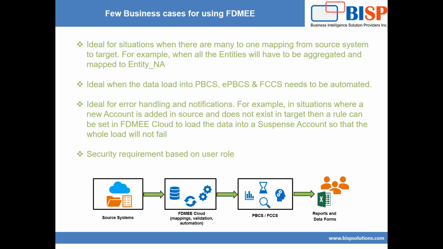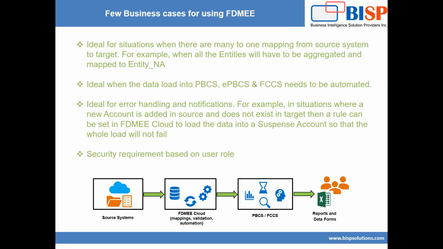In such cases, I can dynamically map them to a suspense account and get the load done, and then later come and check what data got loaded into the suspense account, drill through and back, go through the source files and see the exact records which came into the suspense account. Based on that, add the mapping. What it helps is it allows your load to be smooth. Even though you have new account members coming in the source file, the load will still be successful without failing, even though you don't have mappings in the system.